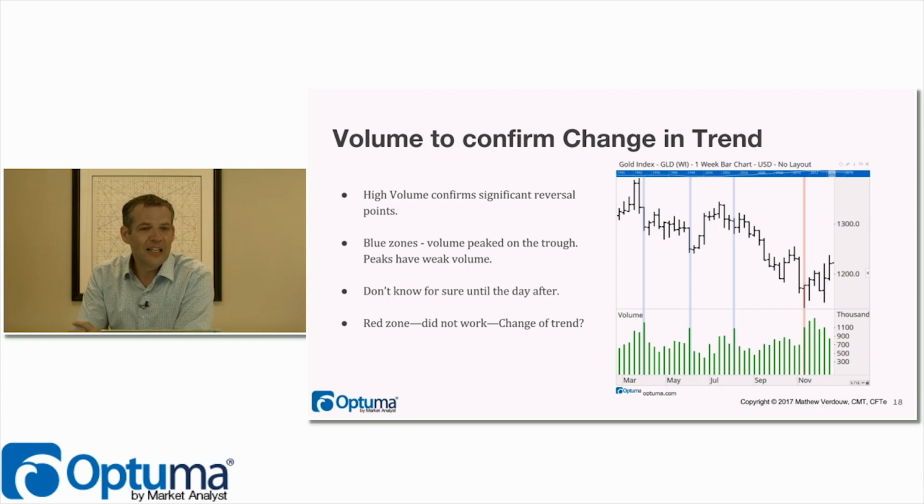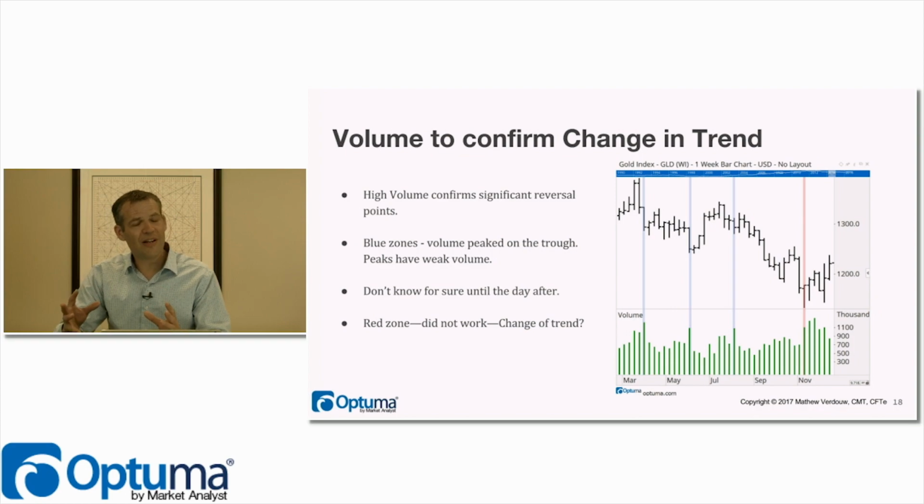But then suddenly, after this red zone, we see some bars here where the price is going up and volume's increasing. This is a key warning to us that the trend is changing, and that we need to look for confirmation of that change in trend. Again, I've got the question mark there.